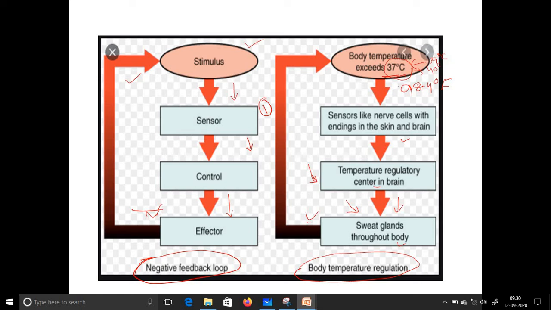As a result, it produces heat, which prevents the falling of temperature or regulates the cold of the body. This is also a temperature mechanism, or negative feedback temperature regulation of the body.